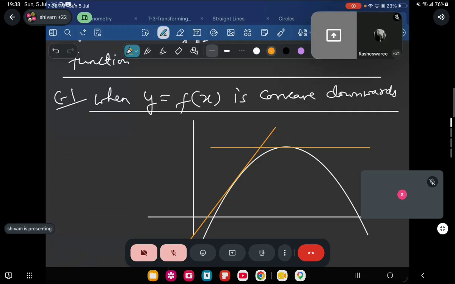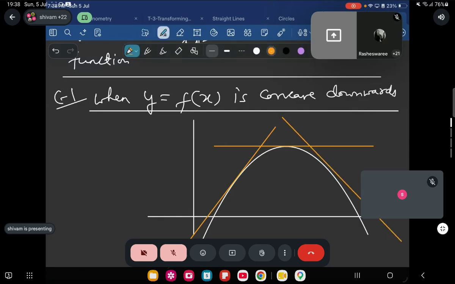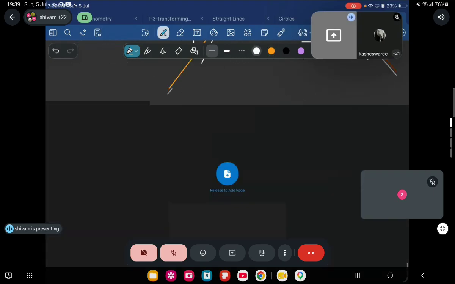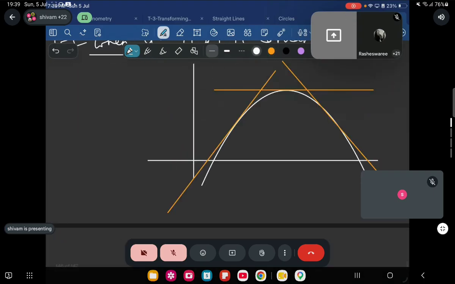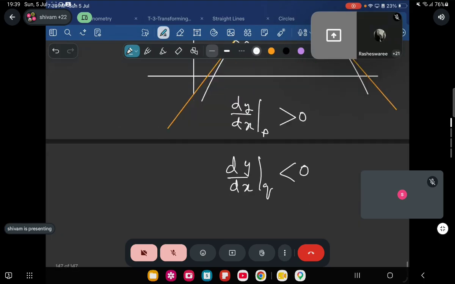Positive. The graph is concave downwards. So over here, let us say that this is P and this is Q. Dy by dx at P is greater than 0, and dy by dx at Q is less than 0. Right, tell me everyone.